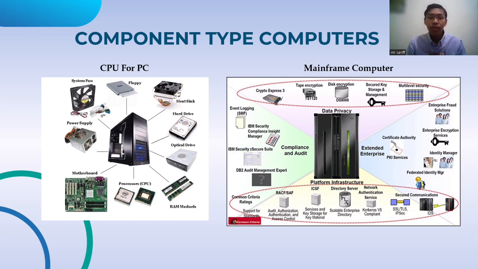For example, I use a personal computer, and mainframe computers are usually used by governments and banks. And the second conclusion is hardware. Hardware is divided into two types: the first is input devices and the second is output devices.